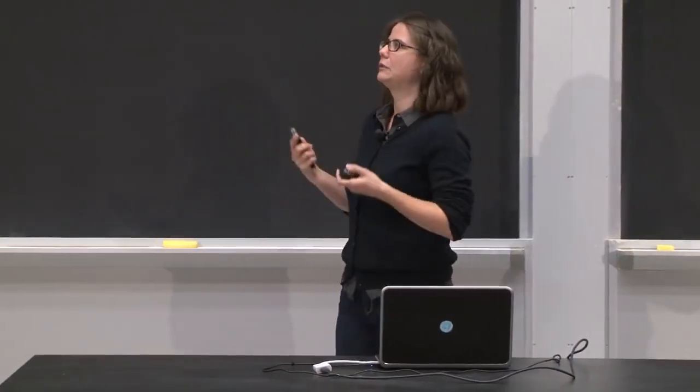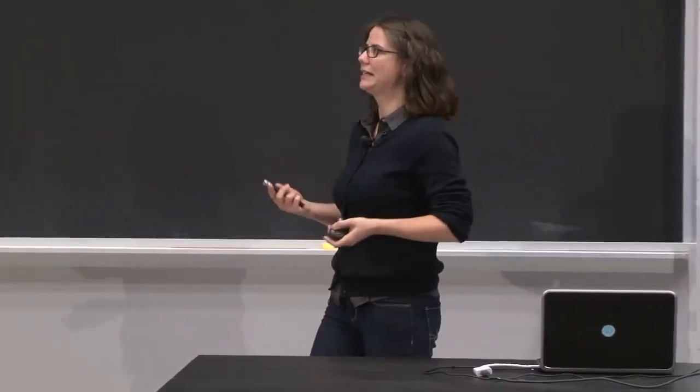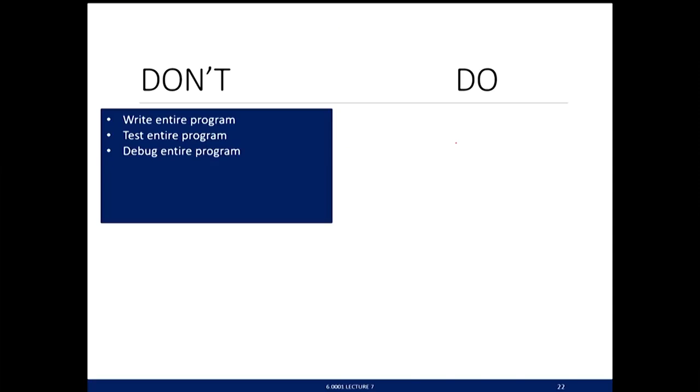Quick summary of do's and don'ts of debugging and testing. Don't write the entire program, test the entire program, and debug the entire program. I know this is really tempting to do, and I do it all the time, but don't do it, okay? Because you're going to introduce a lot of bugs, and it's going to be hard to isolate which bugs are affecting other ones, and it'll lead to a lot more stress than you need.